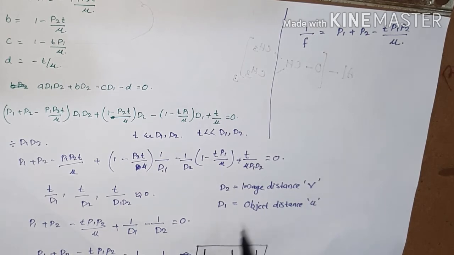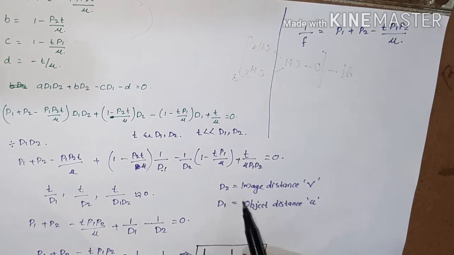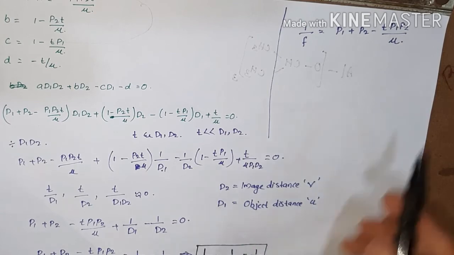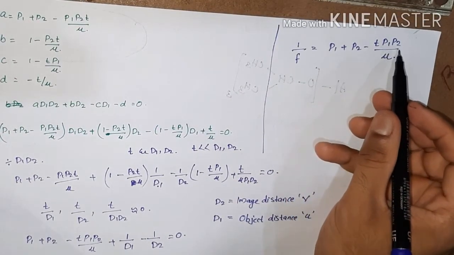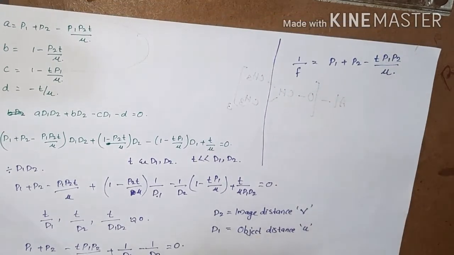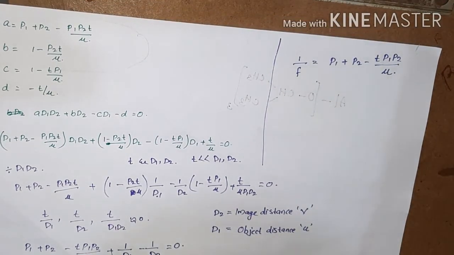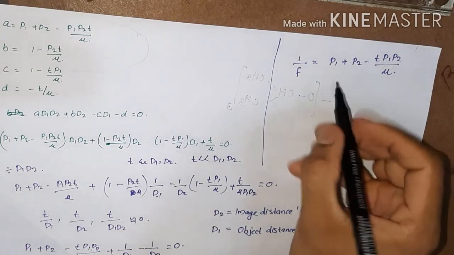So d1 and d2, we have to choose the values of d1 and d2 simply u and v. So we will get 1 by f is equal to p1 plus p2 minus t p1 p2 divided by mu. Here at the final stage I am just replacing the values of p1 and p2.